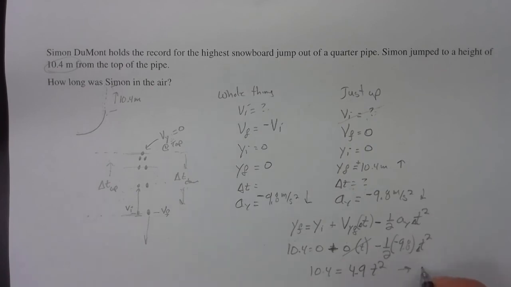Do a little math there, and we're going to get that t squared is equal to 10.4 divided by 4.9. Take the square root of that. We got 1.46 seconds.